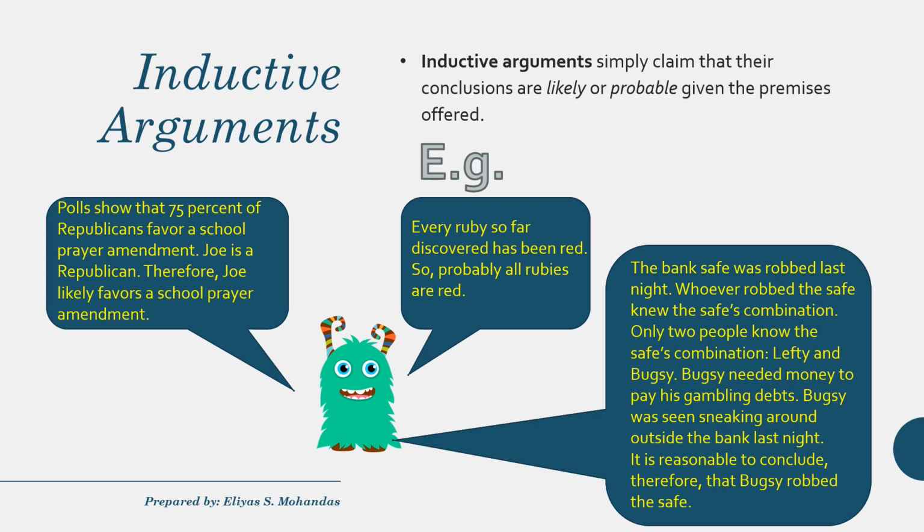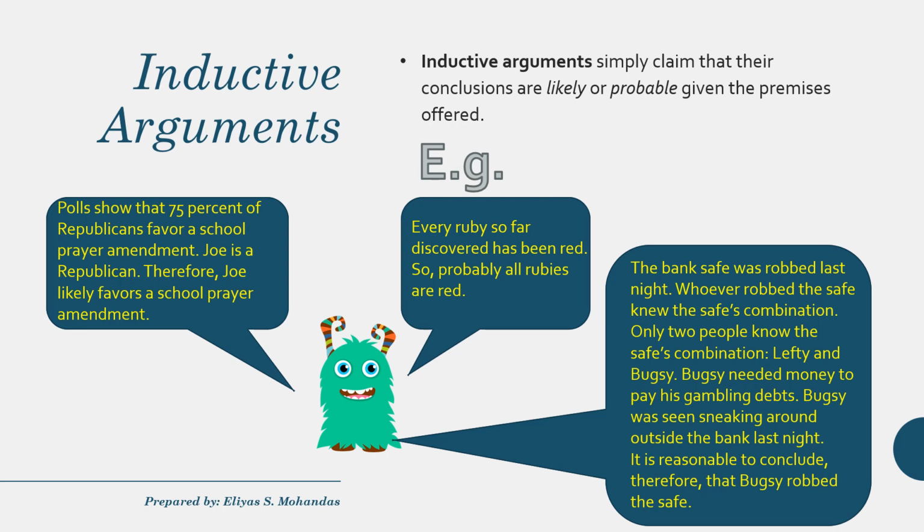Meaning to say, if you look at the conclusion and you're not sure, it is maybe likely, there's a chance, most likely, or probably true, or probably wrong. Therefore, the whole argument is considered an inductive argument. Now, let me show you some examples.